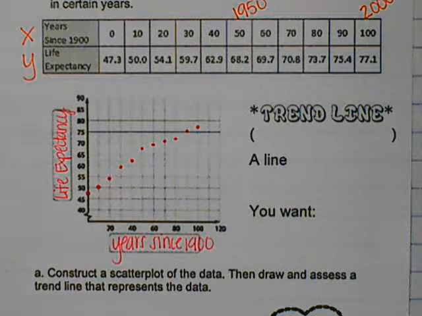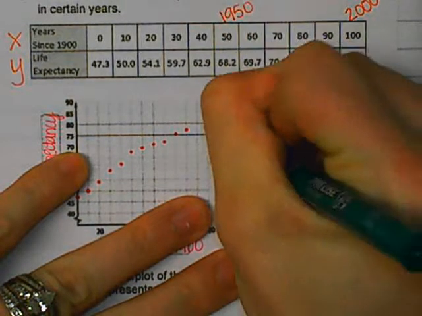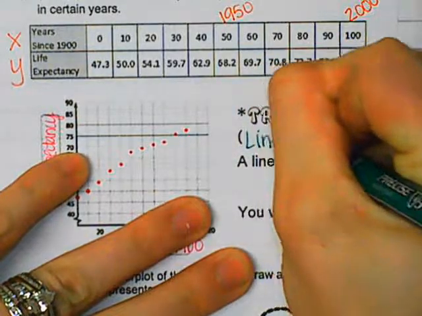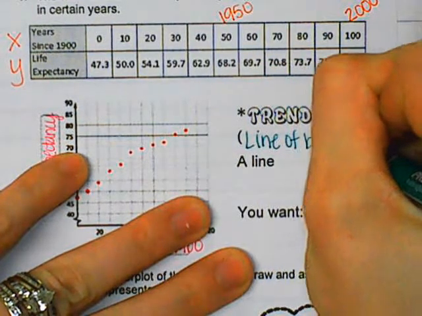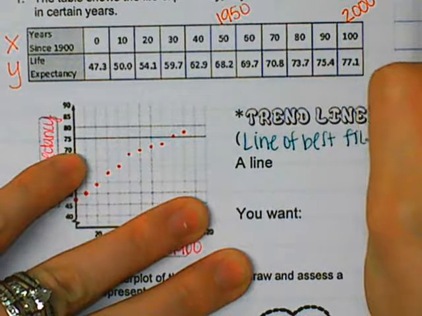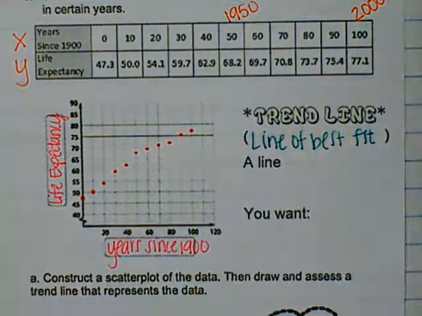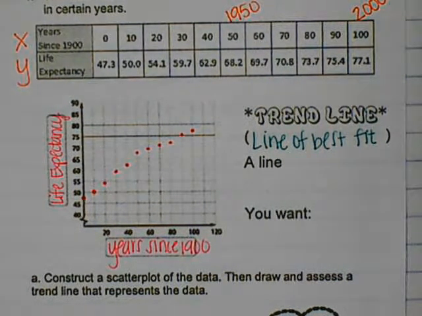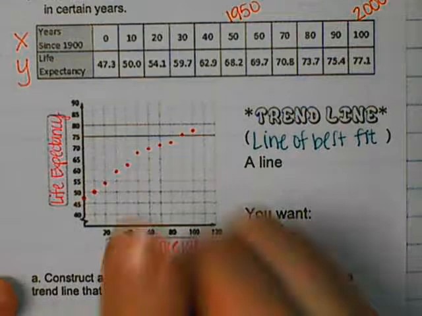So a trend line, also known as a line of best fit, is a line that is very close to most of the points.